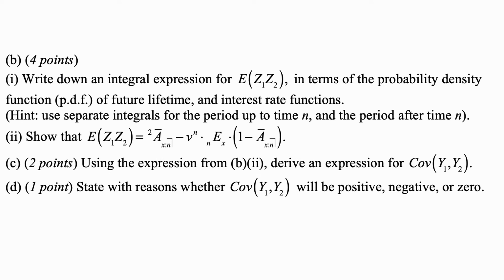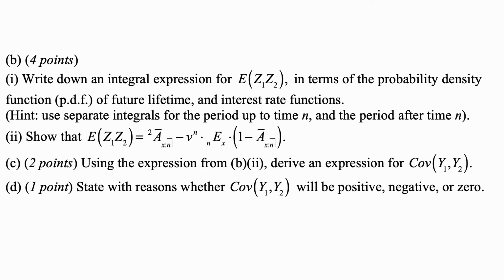Part B. Part 1. Write down an integral expression for the expected value of Z1 Z2 in terms of the probability density function, PDF, of future lifetime and interest rate functions. Hint: use separate integrals for the period up to time n and the period after time n. 2.